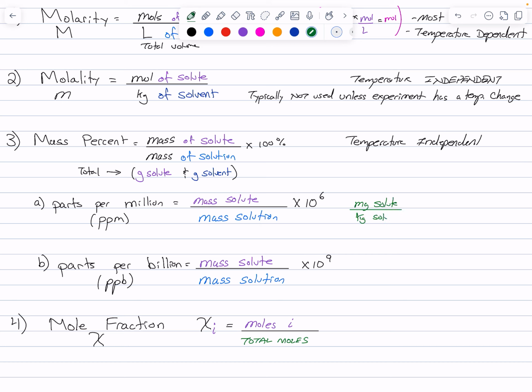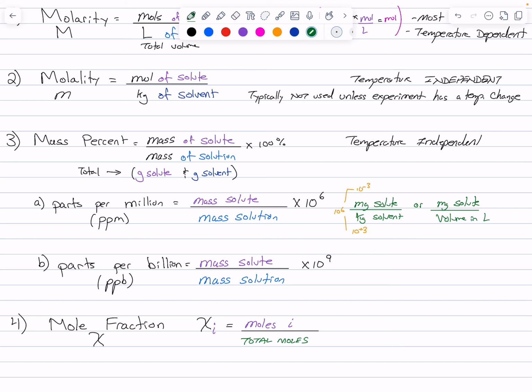Or it could be milligrams of solute per liter. Let's just put volume in liters, because it's so dilute that we're assuming the volume doesn't change much because of the substance in there.